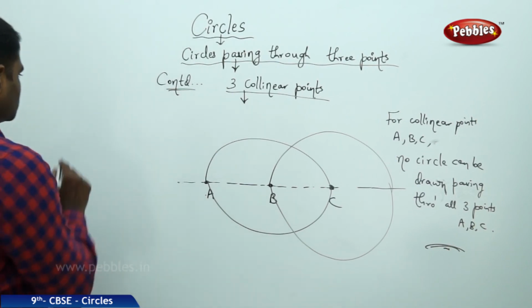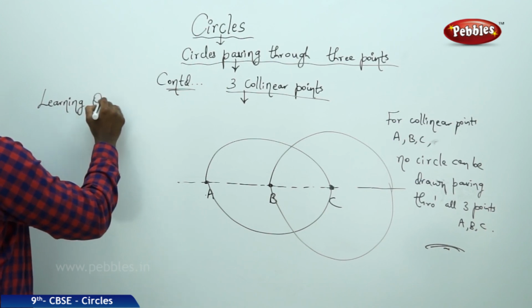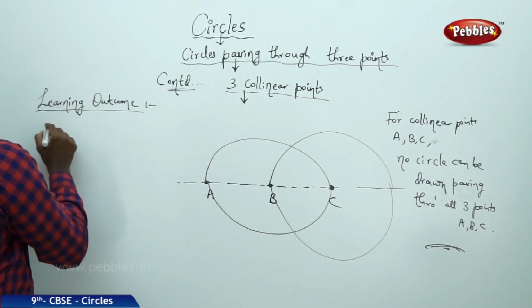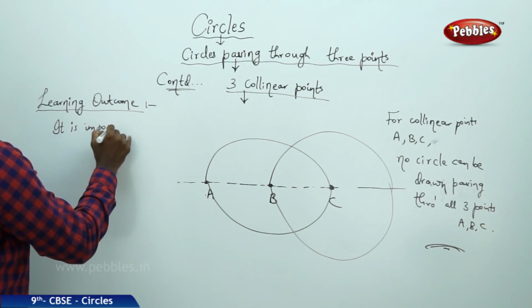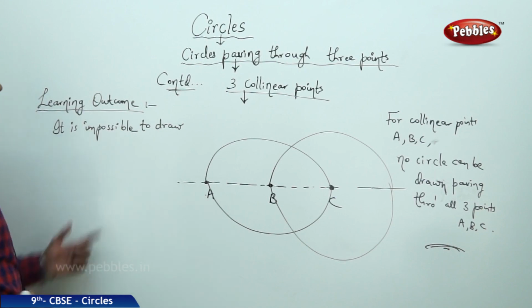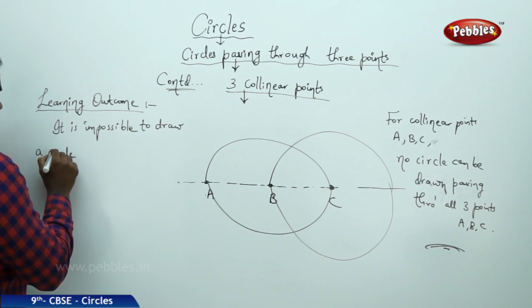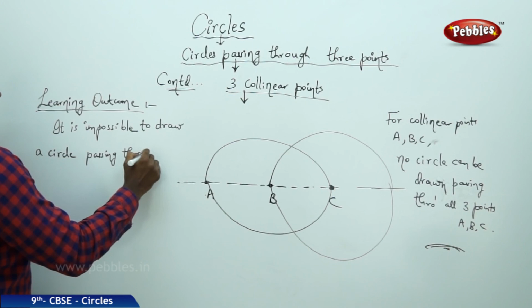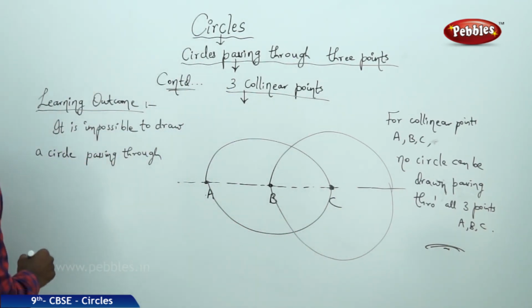So my learning outcome in this case is: it is impossible to draw a circle passing through all 3 collinear points.